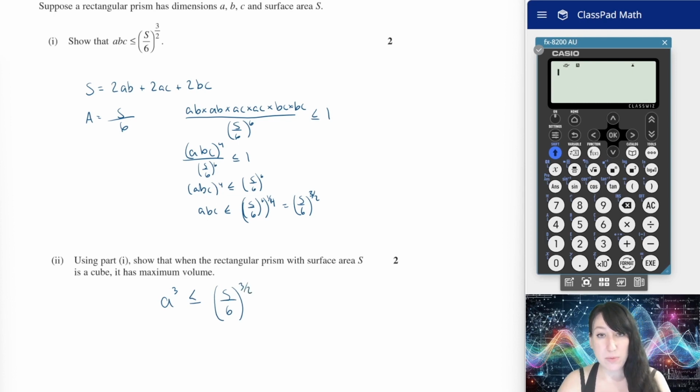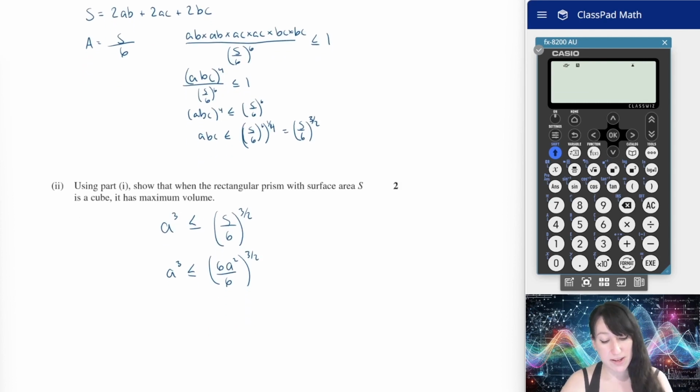Now, if it is a cube, the surface area is equivalent to 6 times a squared. So now we have a cubed is less than or equal to 6 times a squared over 6 to the power of 3 over 2. And then that simplifies.